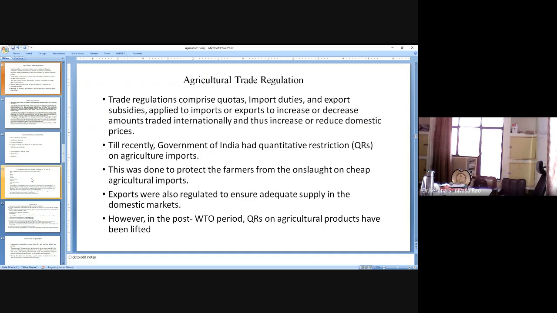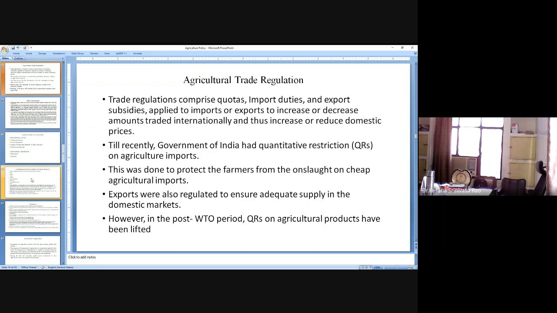Till recently, the Government of India had quantitative restrictions on agriculture imports. This was done to protect the farmers from the onslaught of cheap agricultural imports. Then, from the exports point of view, exports were also regulated to ensure adequate supply in the domestic markets.